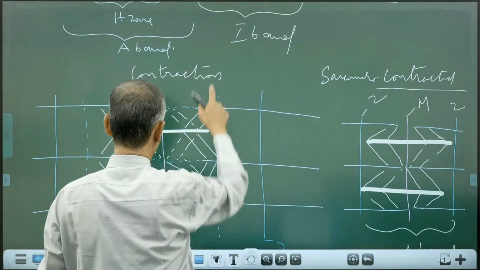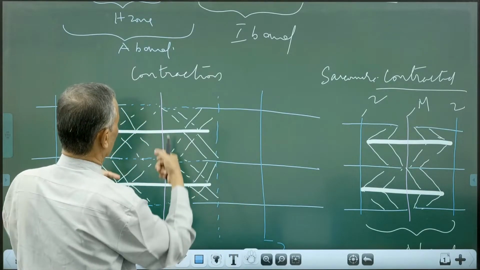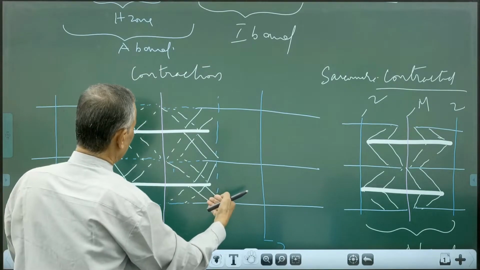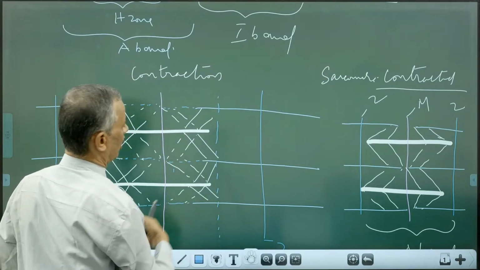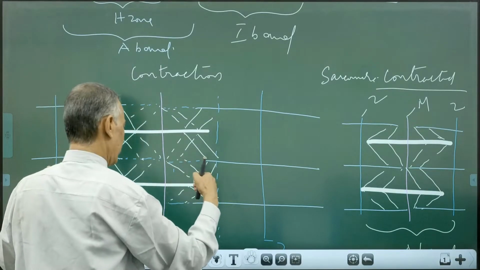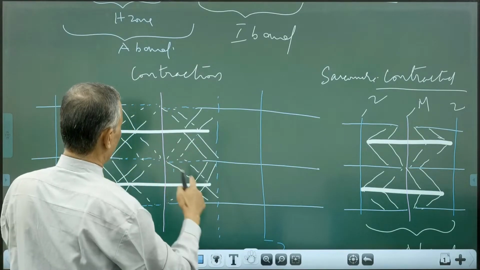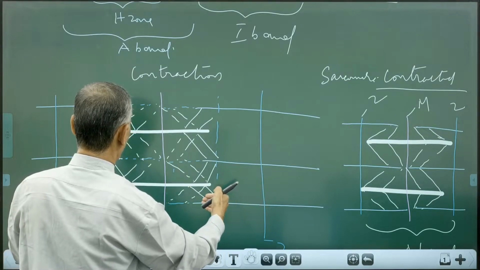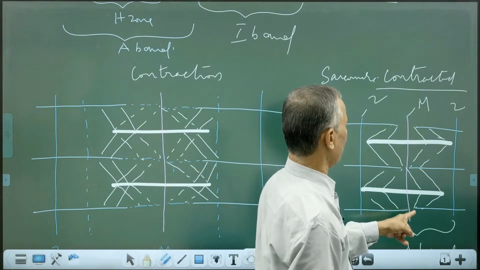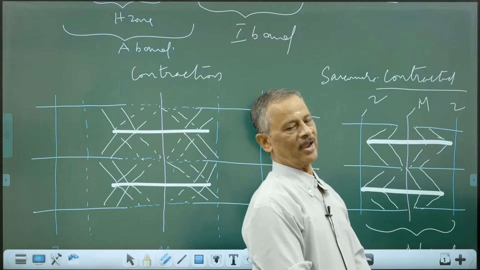During contraction, when the thin filaments are coming closer and closer towards the M line, the H zone is becoming smaller and smaller, finally completely disappearing. The A band is remaining without any change, whereas I band is becoming narrower and narrower and completely disappearing. When it is fully contracted, there is no H zone, there is no I band.